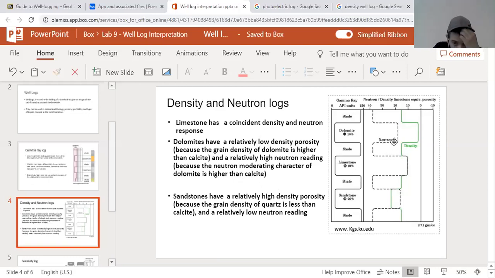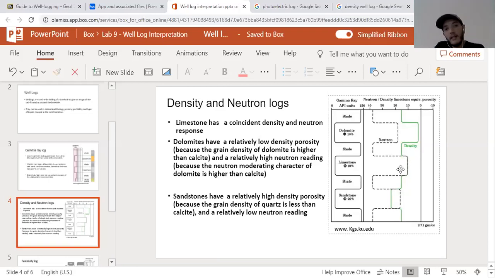So let's make a comparison between the dolomite and the limestone. Dolomite has low density porosity and high neutron readings.